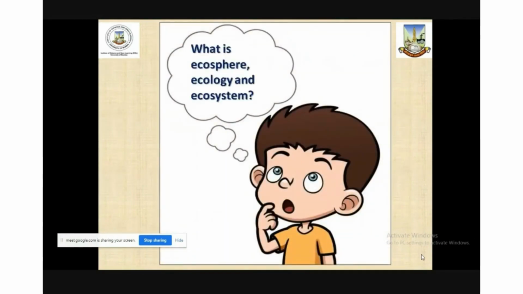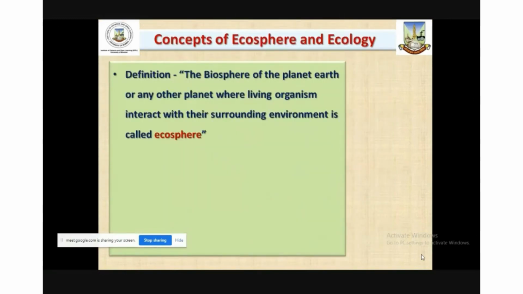Before we actually start with the characteristics and components of ecosystem, we need to understand the concept of ecosphere, ecology, and ecosystem. So let us first try to understand the conceptual background of ecosphere, ecology, and ecosystem.